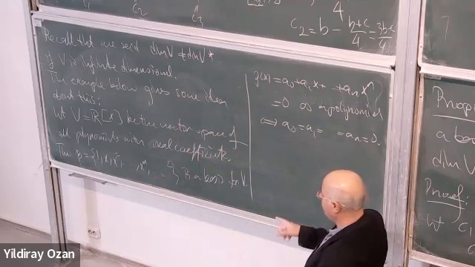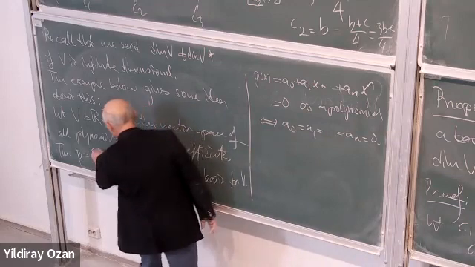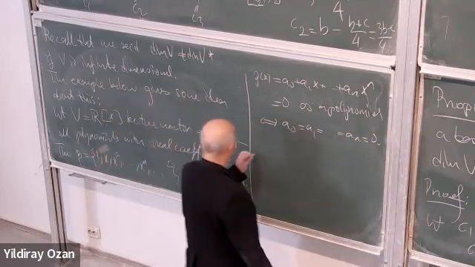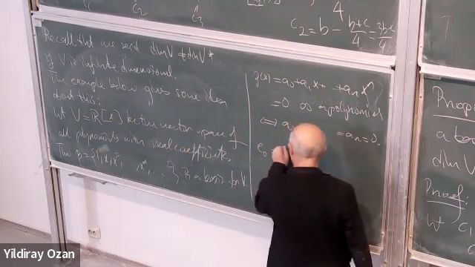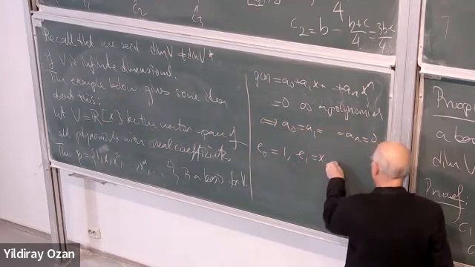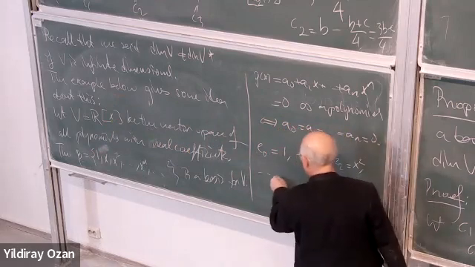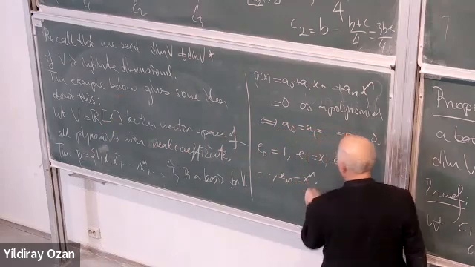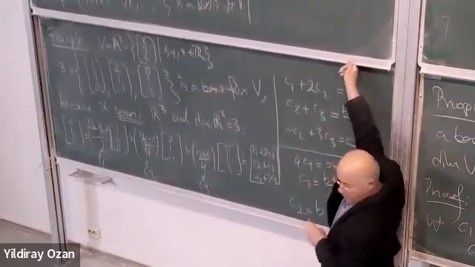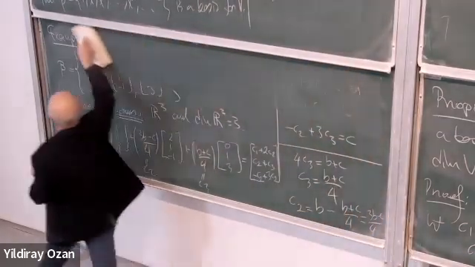Okay, we may consider the dual basis. Let me call these elements E0, which is 1, E1 is x, E2 is x squared, En is x to the power n, and so on.